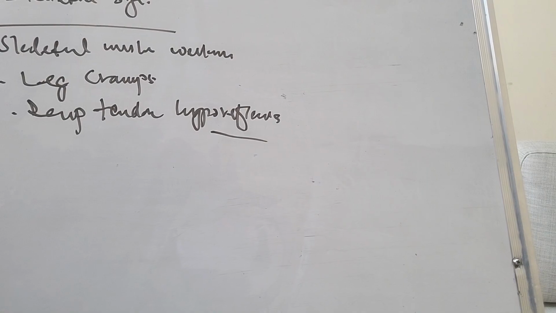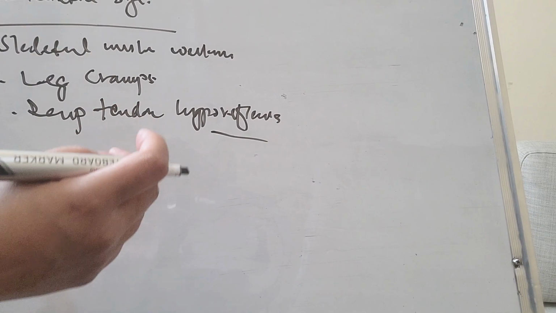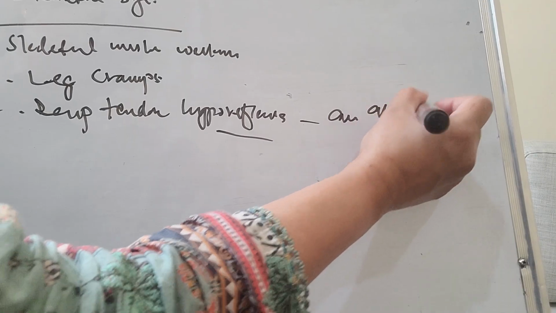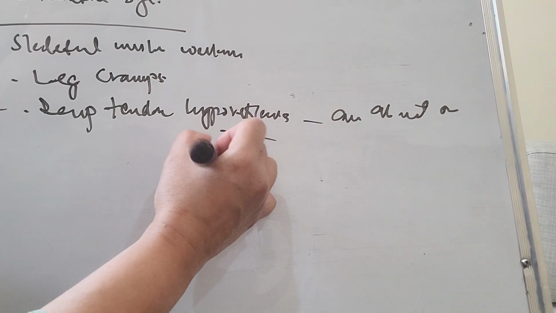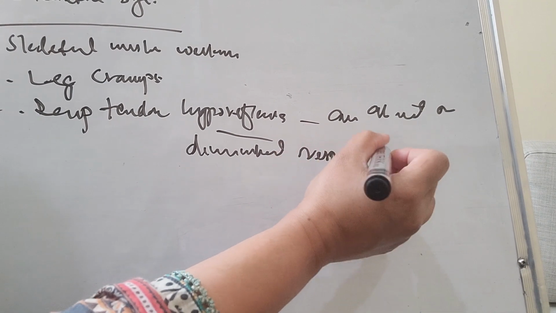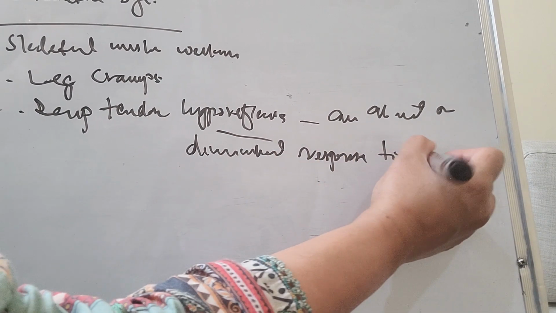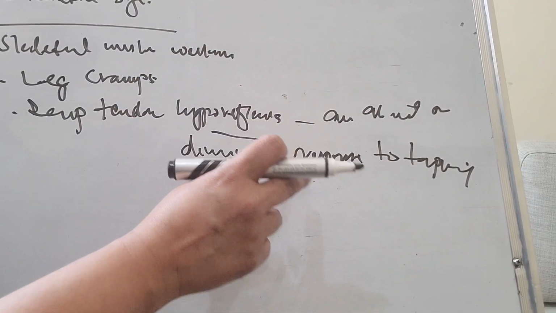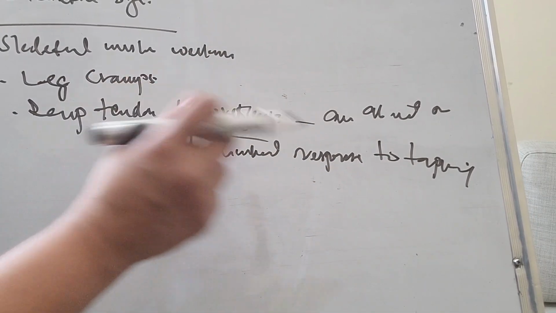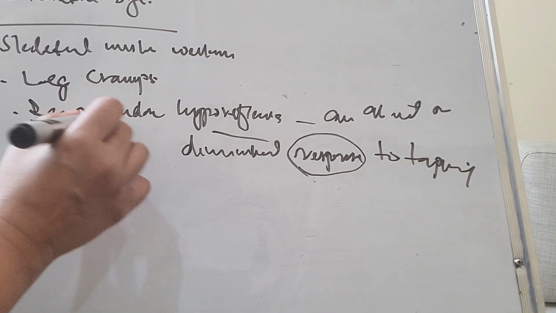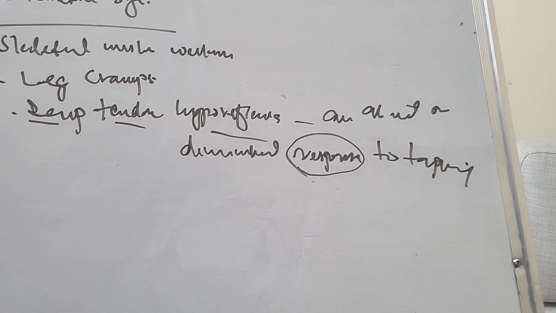What is deep tendon hyporeflexia? An absent or diminished response to tapping. It means that when the doctor taps the tendon, there is an absent or diminished response. That is deep tendon hyporeflexia.